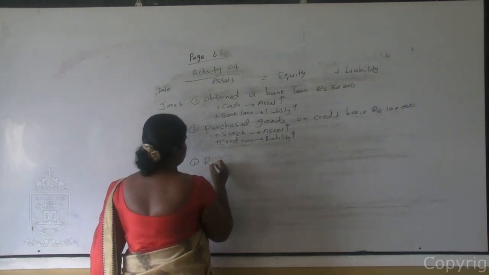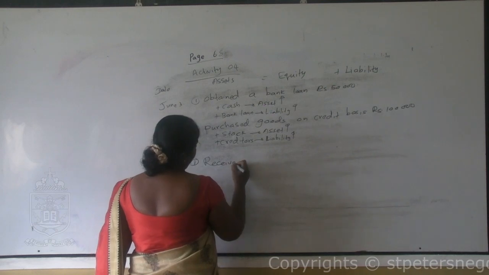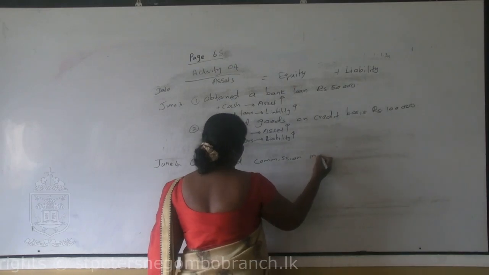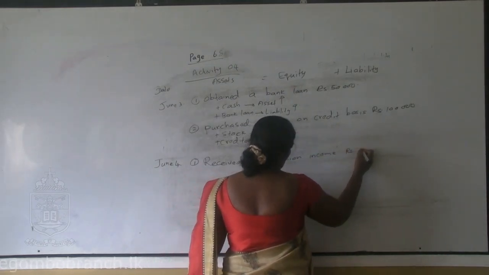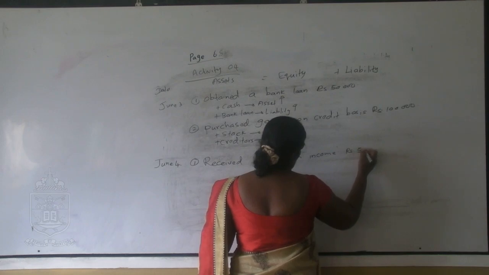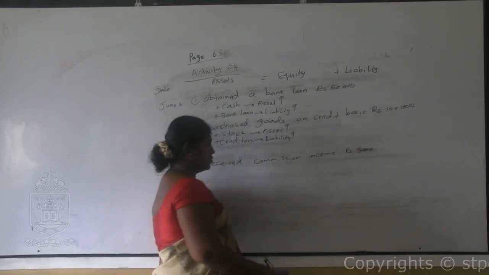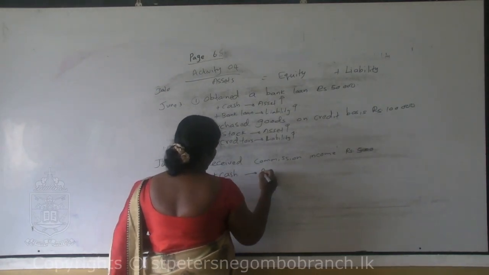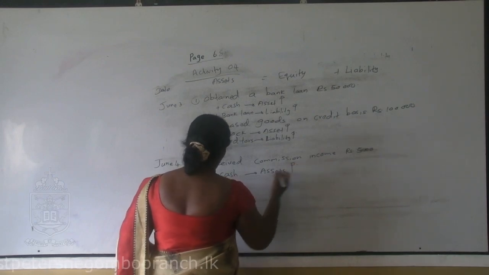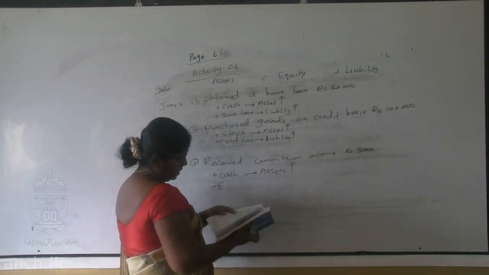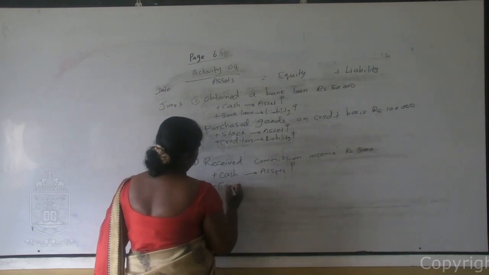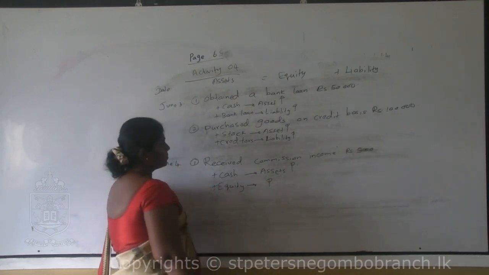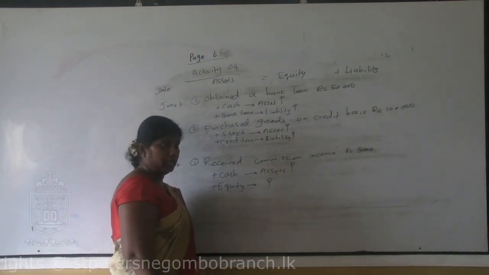So, received commission income, 5,000 rupees. Because of that, cash increase, that means assets increase. Equity also increases because it is an income.